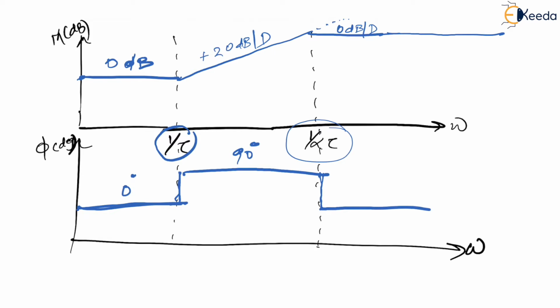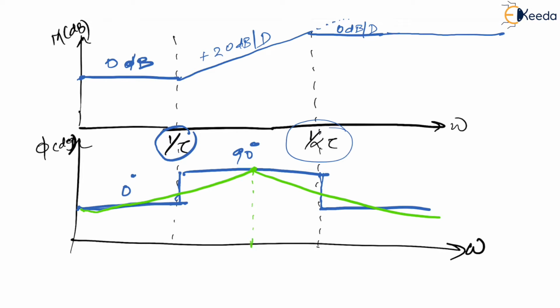We have seen this kind of plots, right? Now, if I draw a smoother curve, it will look like this. Join the midpoints this way. If you see this particular point, this is the maximum phase, right?